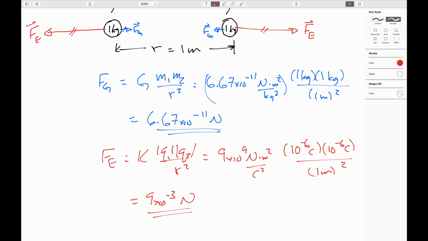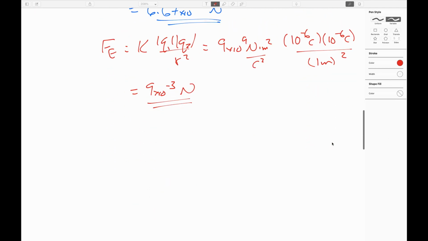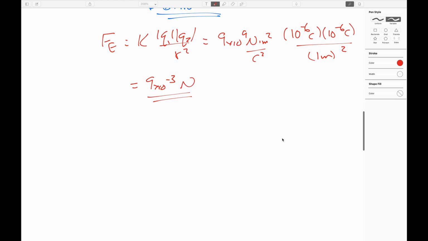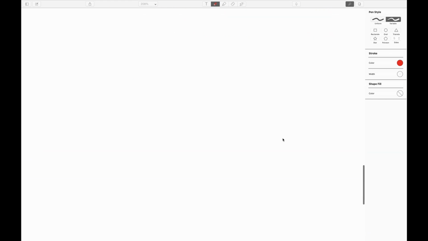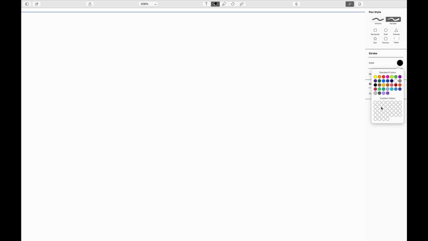So as a practical issue, unless you're dealing with relatively small charges and simultaneously relatively large masses, think planets or something like that involved, most of the time we can get away with neglecting the gravitational force if the electric force is present. It just doesn't show up. I mean, it shows up, but it's basically not even a rounding error.